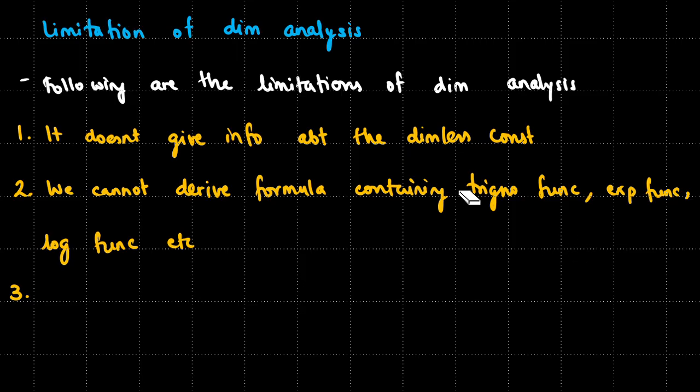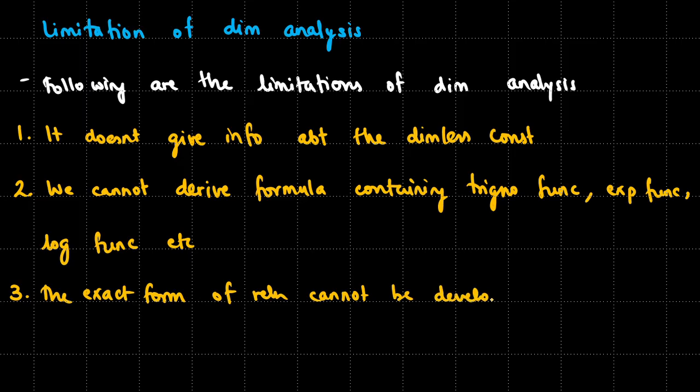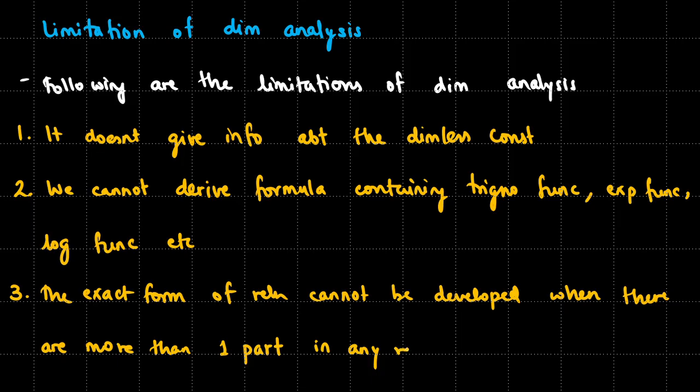And the third limitation of dimensional analysis is that the exact form of a relation cannot be developed when there is more than one part in any relation.